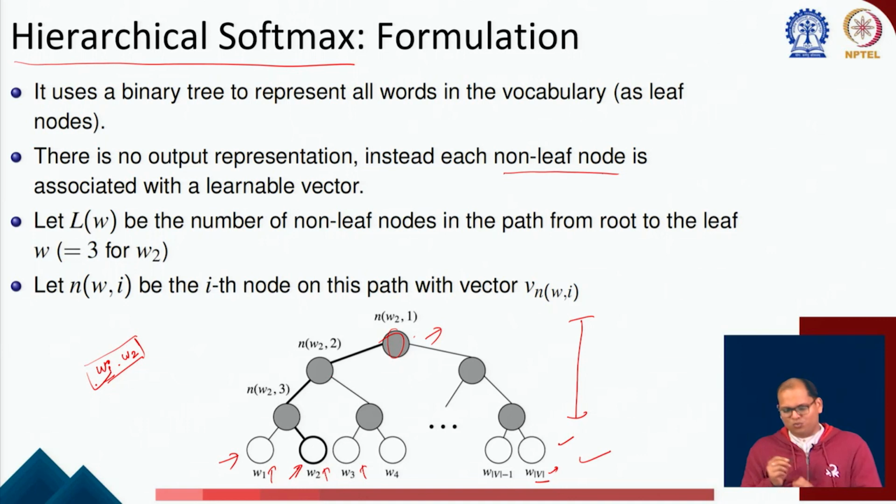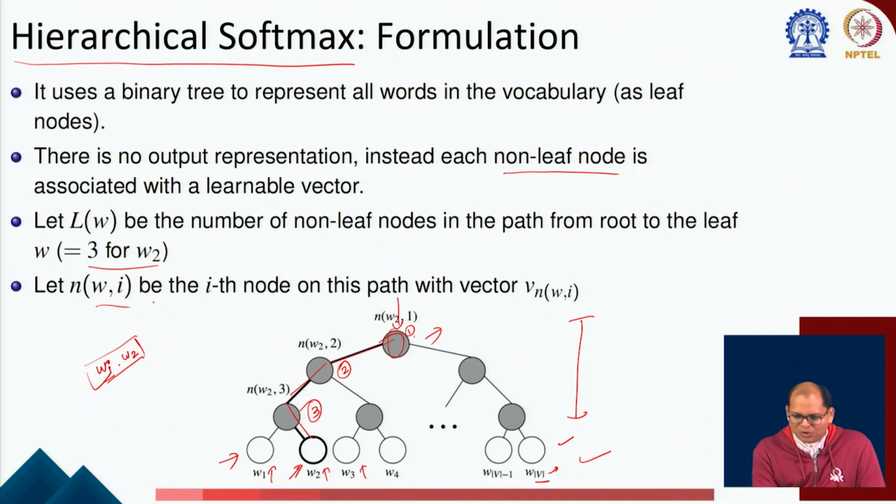So, I traverse the path starting from the root node until I reach W2. Each node will have a unique path. Let us say LW is the number of non-leaf nodes. In this case, 1 non-leaf node, 2 non-leaf nodes, 3 non-leaf nodes. So, there are 3 non-leaf nodes in the path from the root to W2.